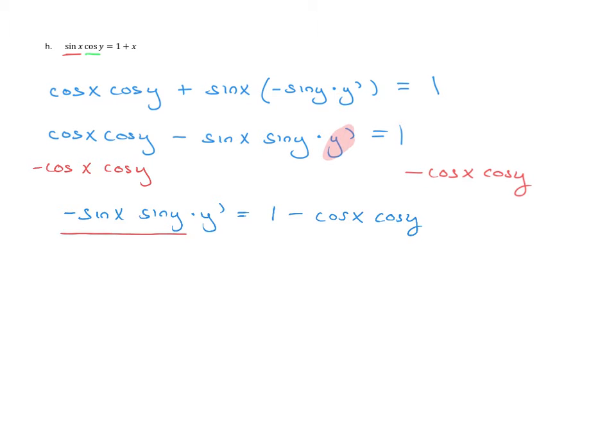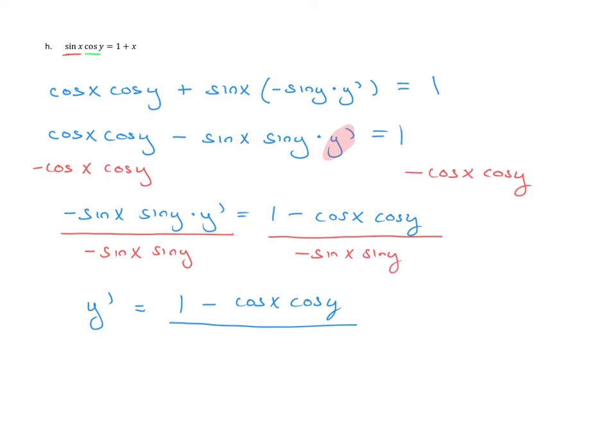I can divide both sides by this negative sine x sine y. And I have my answer. Y prime is equal to 1 minus cosine x cosine y all over negative sine x sine y.